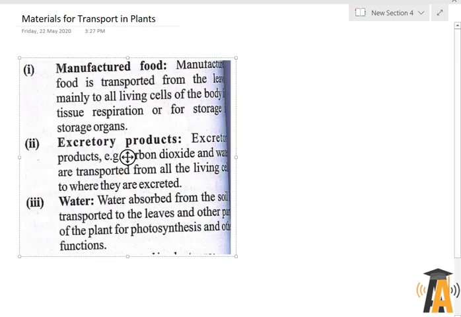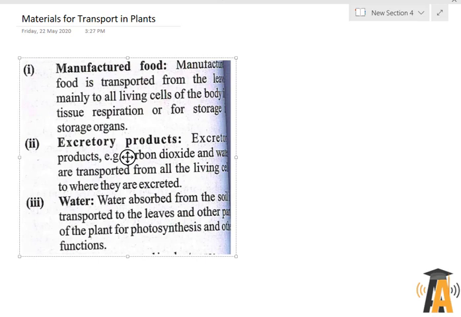So next we'll be looking at materials for transport in plants. Now we have manufactured food. Food is transported from where it is produced, the leaf, mainly to all living cells of the body for tissue respiration or for storage.